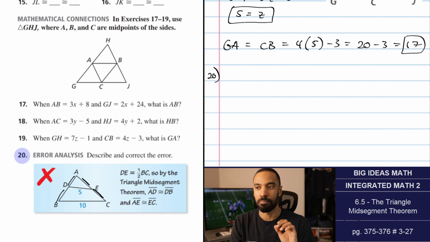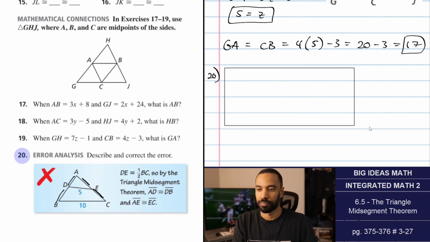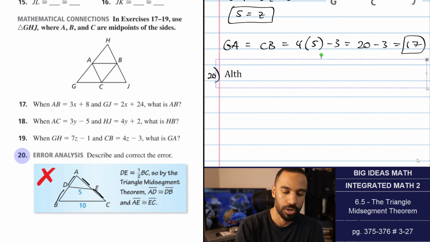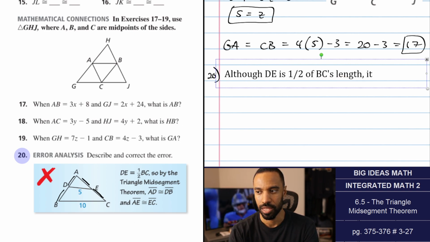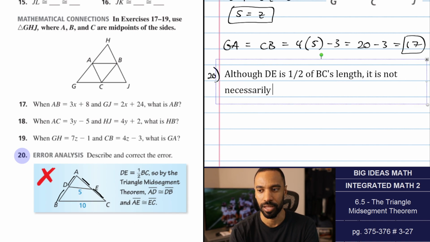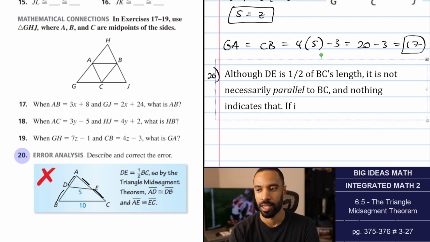In order to be the mid-segment, DE must also be parallel to segment BC. So although DE is half of BC's length, it is not necessarily parallel to BC, and nothing indicates that. If it is not parallel, then it is not a mid-segment.